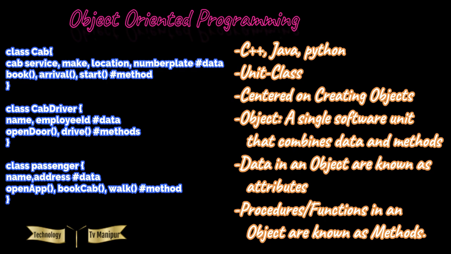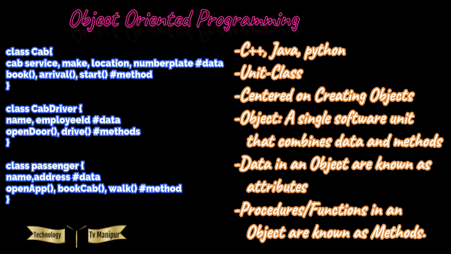Using this class we can create objects of that cab class, which means we can create different objects using the same class. How to create objects using classes we will see in the next video, in a real life example. So don't worry if you don't understand how these things work. I will give you a real life example, so you will be able to understand in a better way.